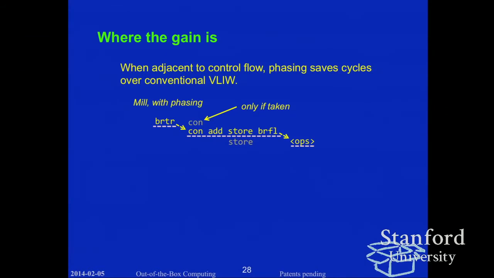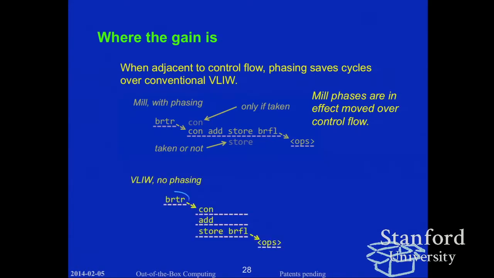Similarly, the store in Mill phasing will be 1 cycle later, but even though there is a branch there, the exit branch, that store will be executed whether that branch is taken or not. In effect, Mill phases get moved over control flow.